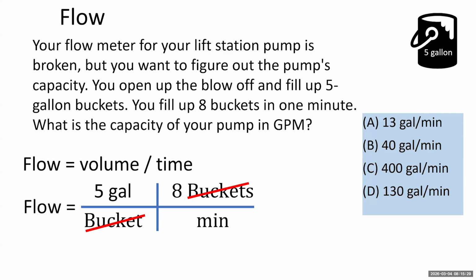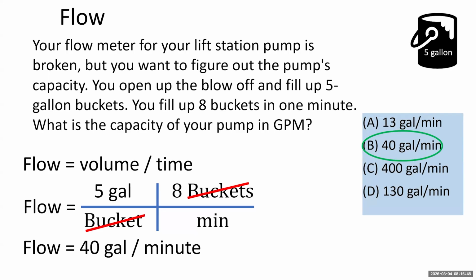The bottom always has to cancel the top. It can't be top canceling top, or we get buckets per bucket or gallons, not the units we want, right? So we want to get gallons per minute. So we know that those units are canceling. So 5 times 8 is 40 gallons per minute. So we look at our answer sheet, and lo and behold, there it is, answer B.